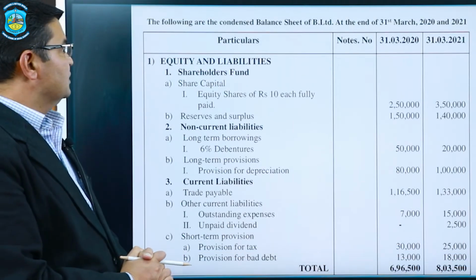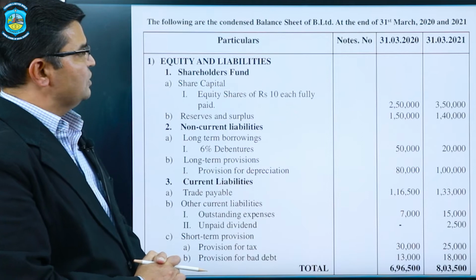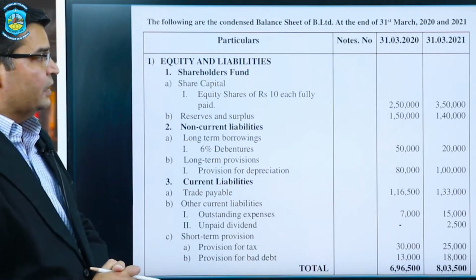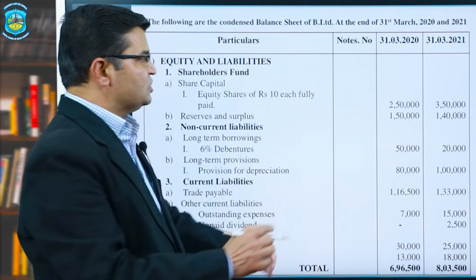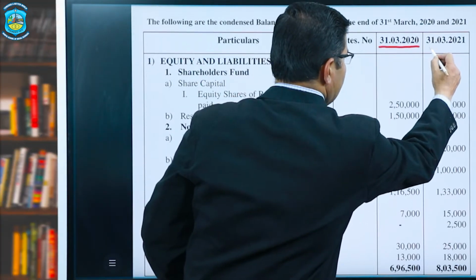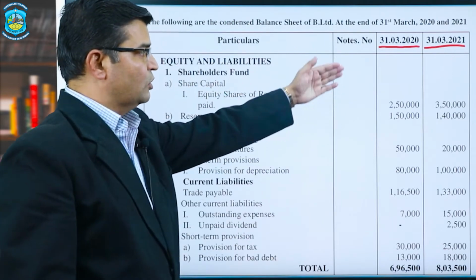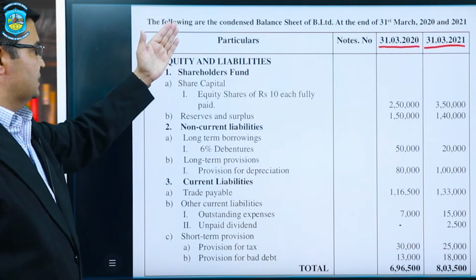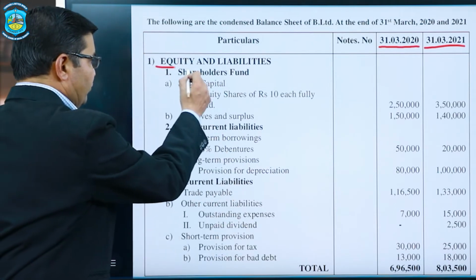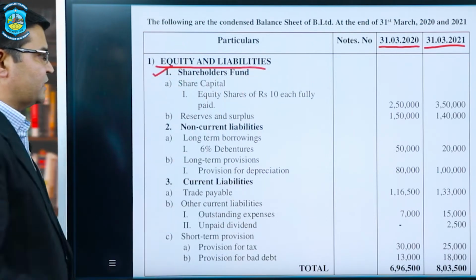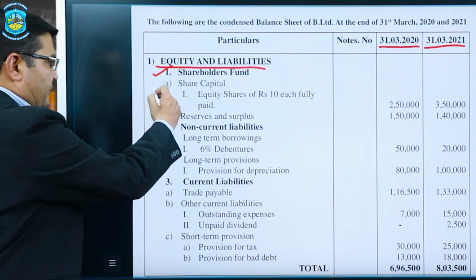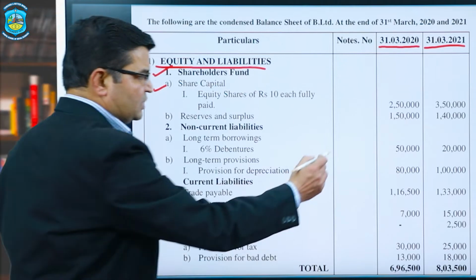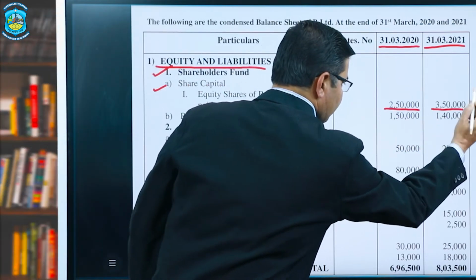According to this question, the following are the condensed balance sheets of B Limited at the end of 31st March 2020 and 21. Here these 2 years balance sheets are given, 31st March 20 and 31st March 21, which is called previous year and current year. Here under this equity and liabilities, we have been given first of all shareholder funds, in which share capital, equity shares of 10 rupees each fully paid, which is amounted to rupees 2,50,000 and 3,50,000.